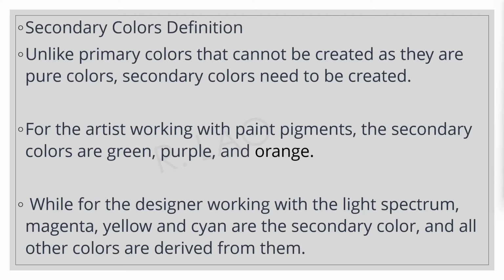When we say created, we mix two primary colors in order to create a secondary color. For artists working with paint pigments, the secondary colors are green, purple, and orange. While for designers working with the light spectrum, magenta, yellow, and cyan are the secondary colors, and all other colors are derived from them.